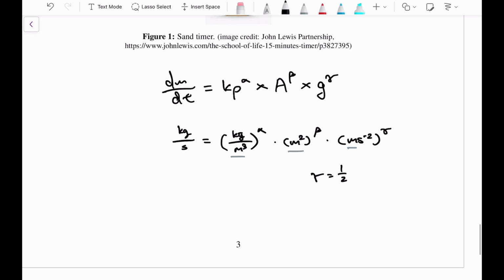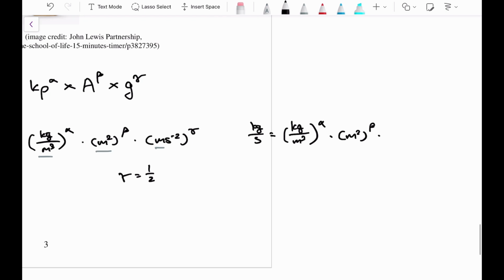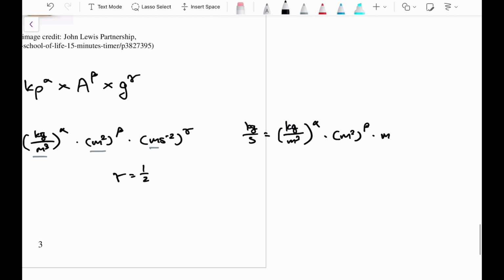So we have established one term. Let me rewrite it over here. So the idea is that kg over s is equal to kg over m cubed to the alpha, times m squared to the beta, times m to the power of half and then s to the minus 2.